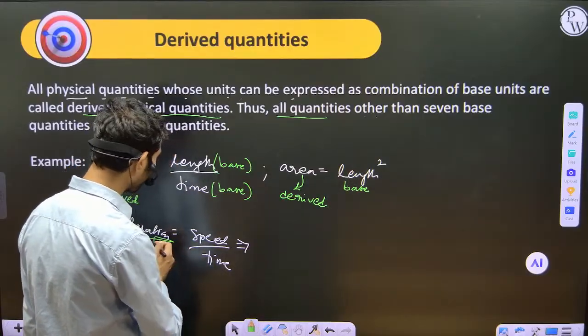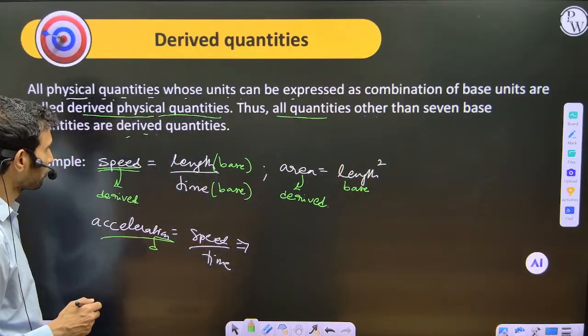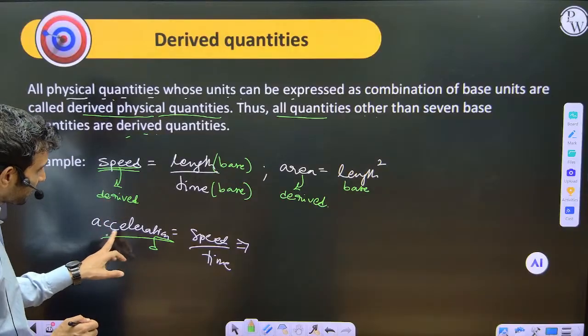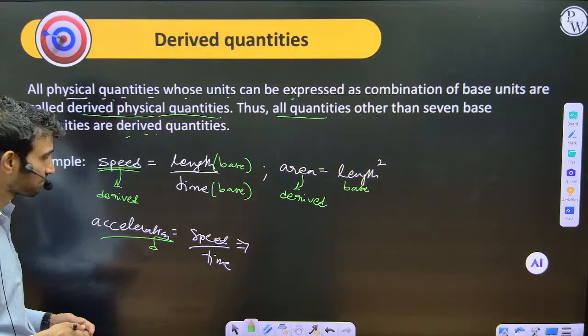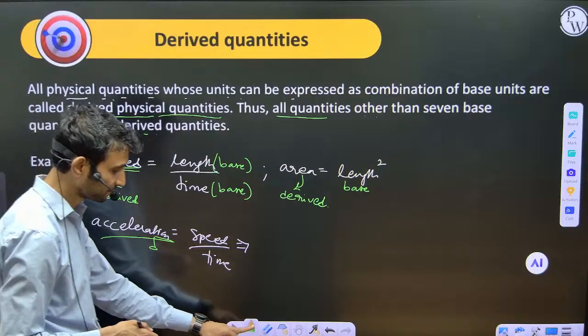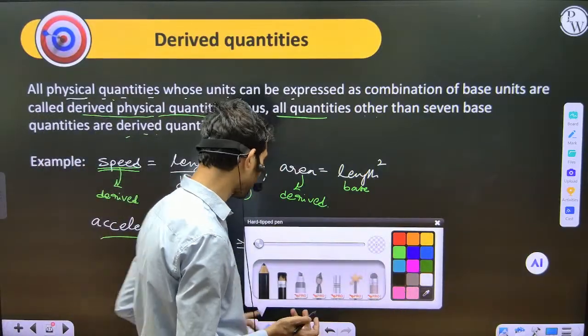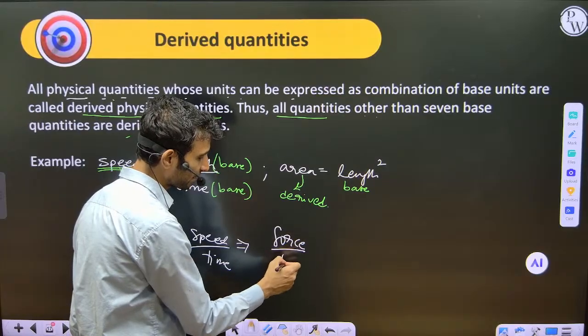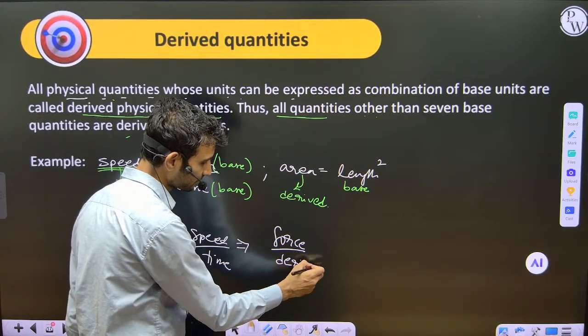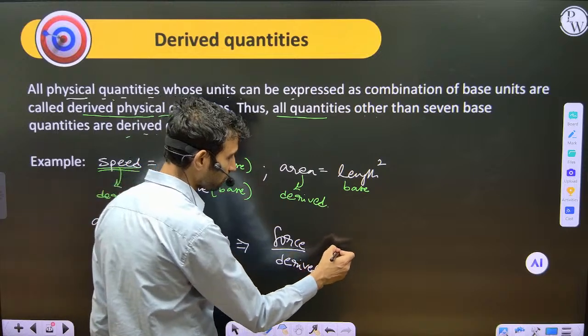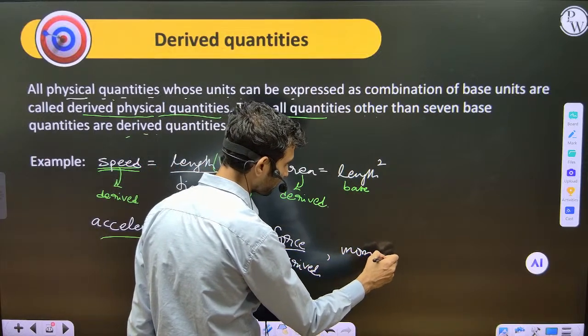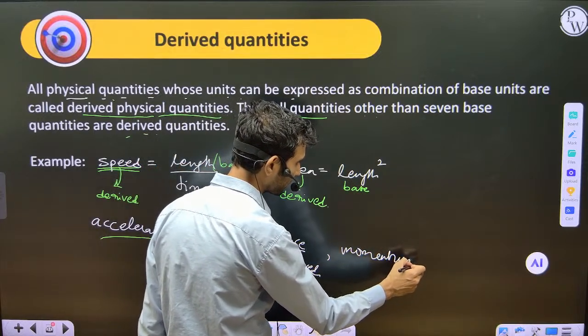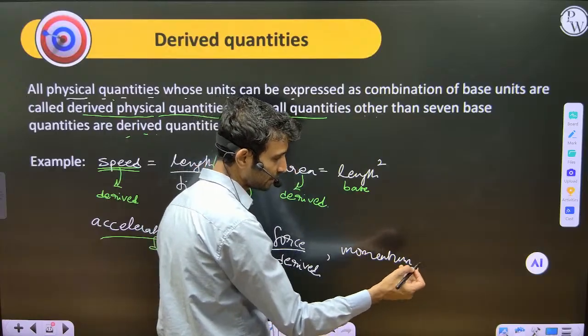Speed was also a derived quantity, and acceleration is derived from speed, so that makes acceleration also a derived quantity. Anything other than the base quantities. Force also naturally becomes a derived quantity. Right? And then you have momentum, also a derived quantity.